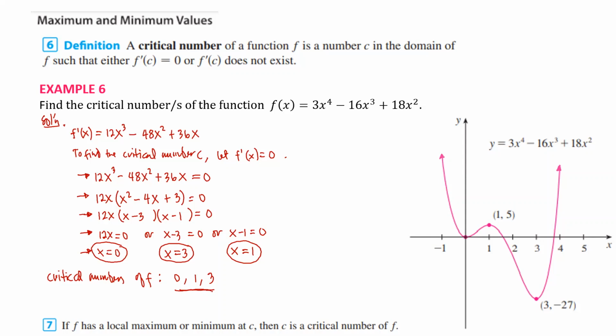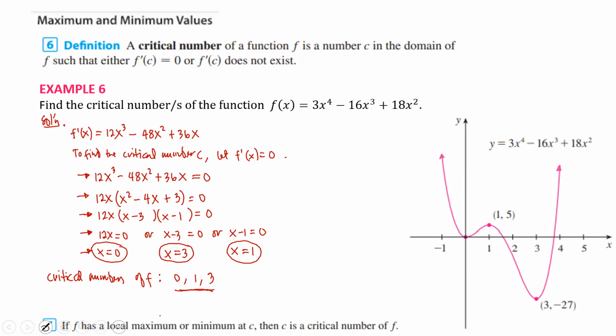Then there is a possibility that at these numbers 0, 1, and 3, you have the local maximum or minimum value of your f. But the converse of this is not true. If you have a critical number, it doesn't mean that it would correspond to a local maximum or minimum.